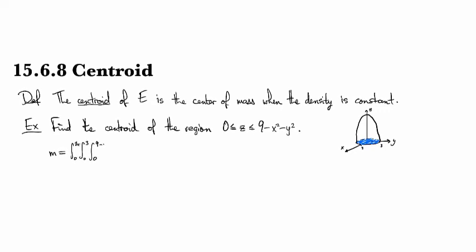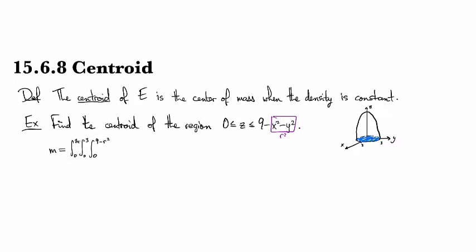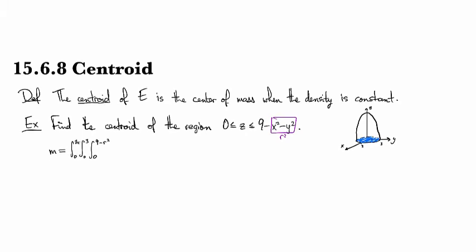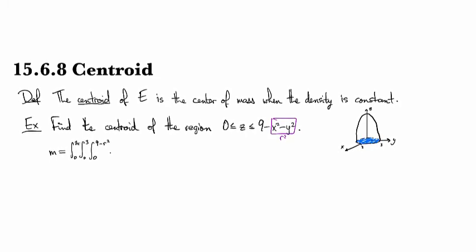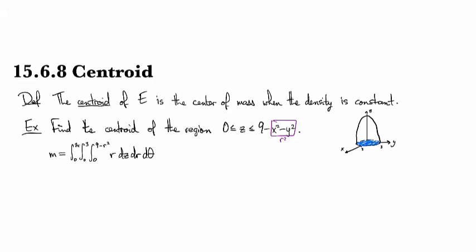But like I said, I'm going to do this in polar. So I will call this block right here r squared. And density is constant, so we'll just take it to be equal to 1. And then we are going to be integrating r against dz dr d theta.